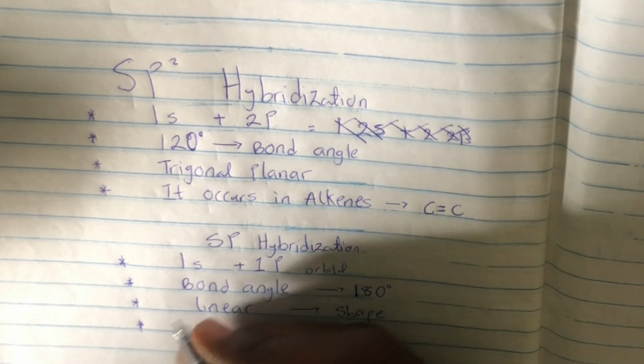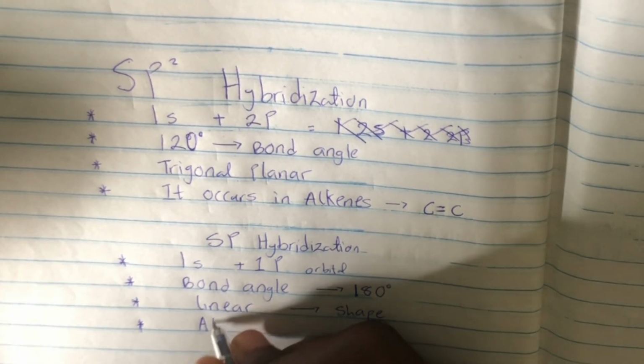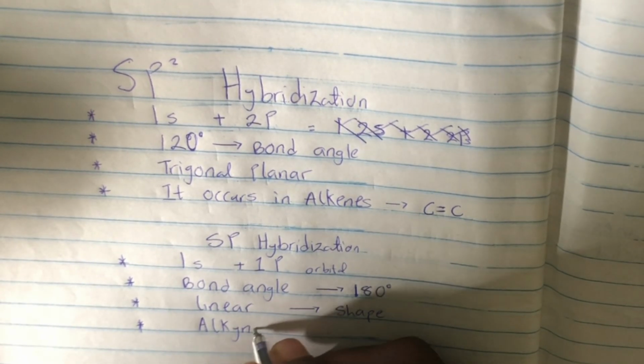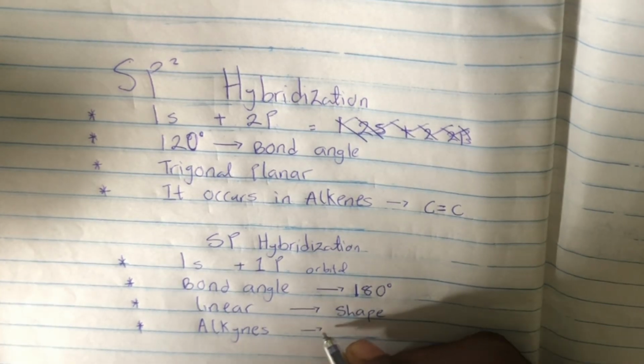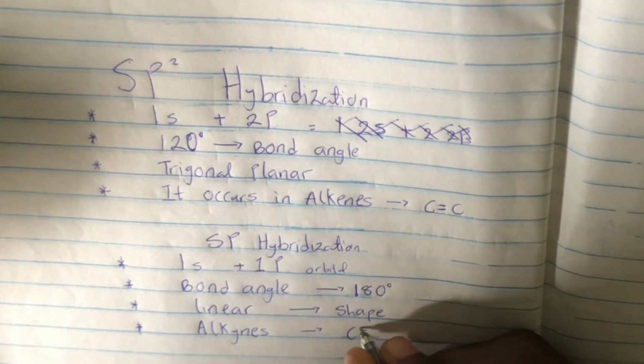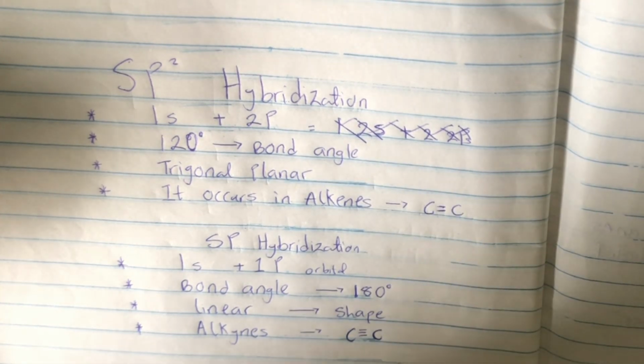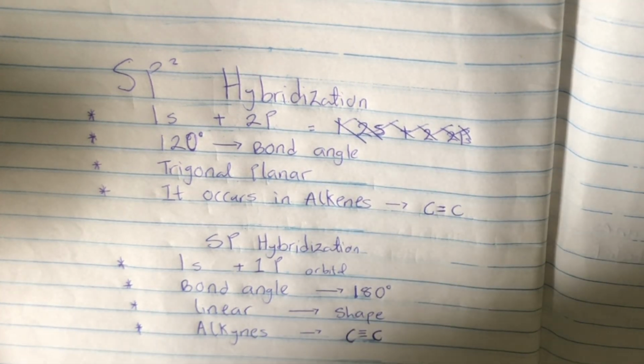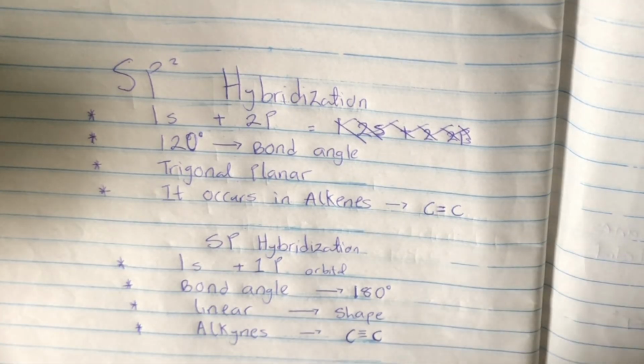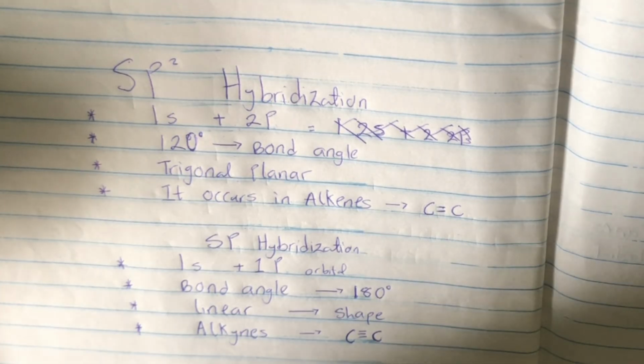It occurs in alkynes, the triple bond hydrocarbons, where the carbons have a triple bond between them. So when we talk about ethyne, propyne, butyne, those kinds of hydrocarbons, the carbon in them is SP hybridized.